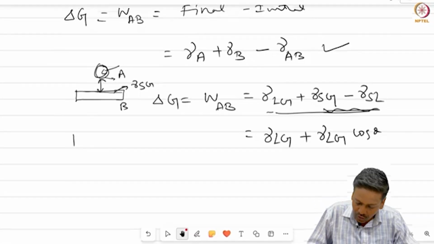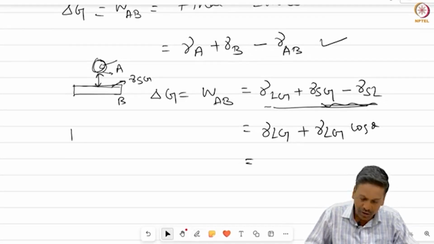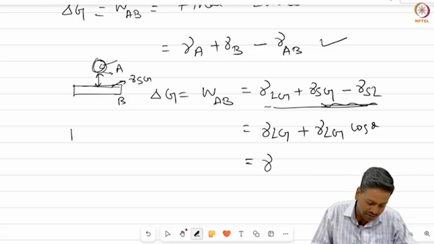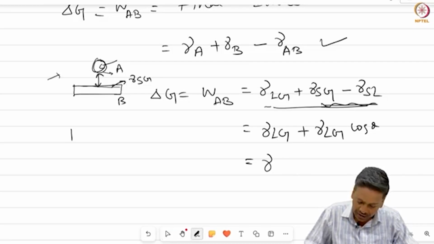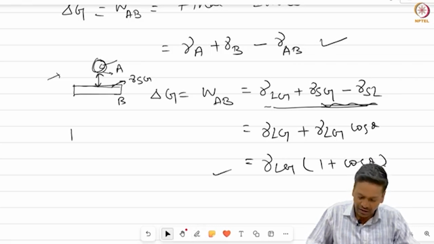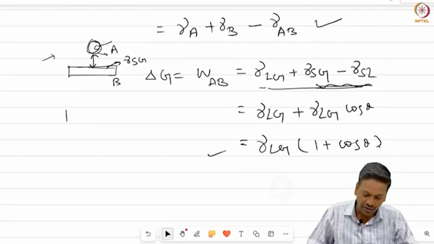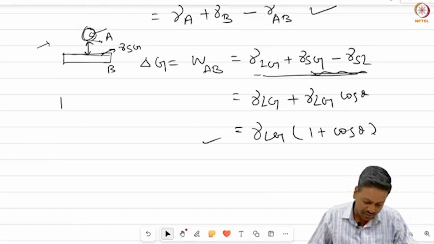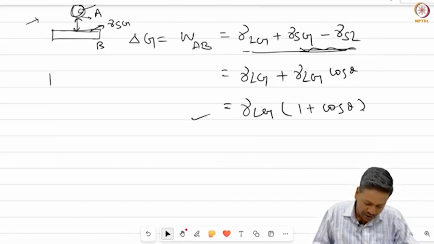So one would get the work of adhesion for this case as gamma Lg into 1 plus cos theta. This is a very compact equation borrowed from Young-Dupre. So let's look now at the spreading coefficient.